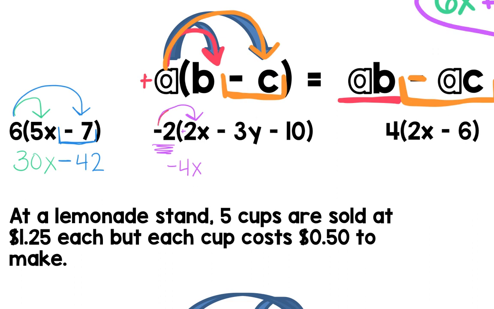Now when we take the negative 2 and distribute it here, again, we're going to put this sign with this term right here. So we have a negative 2 times negative 3y. Negative times a negative gives you a positive 6y. Last but not least, negative 2 times negative 10. Negative times a negative is going to give us positive 20.